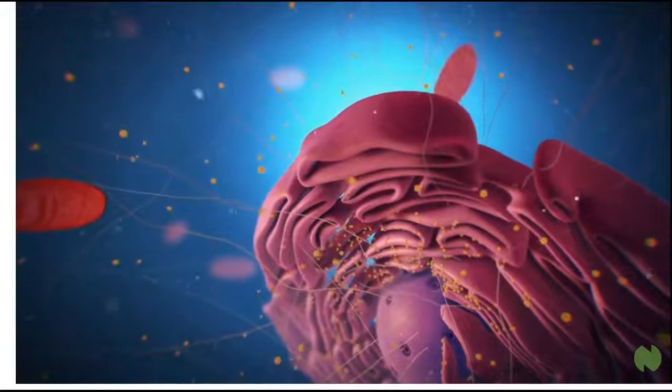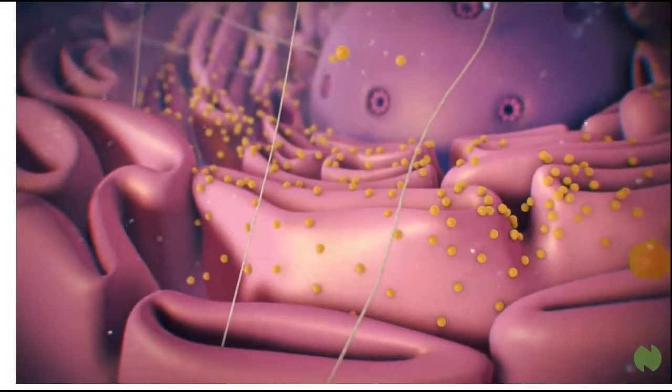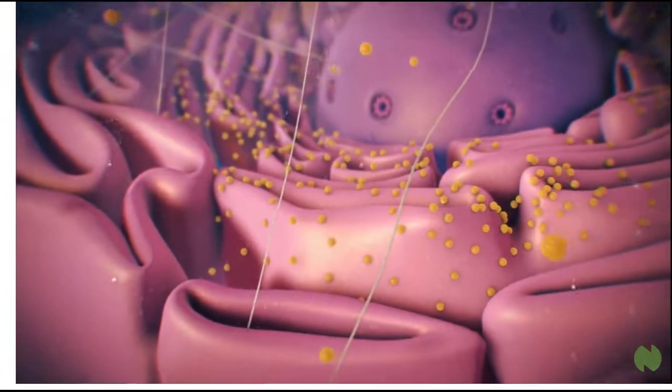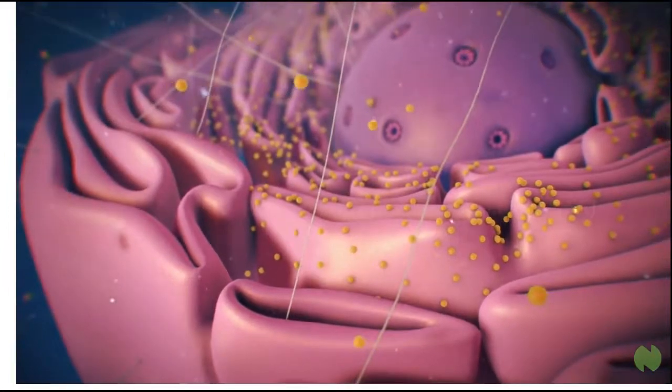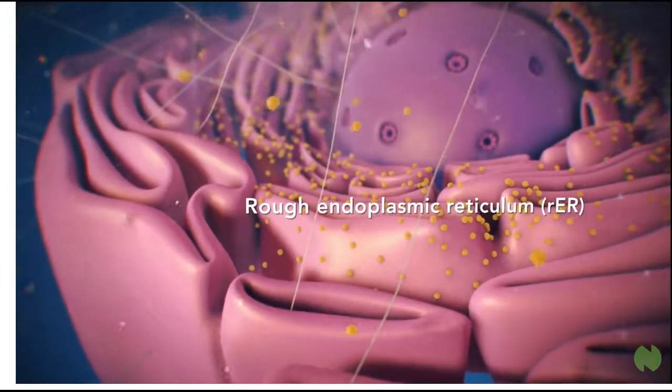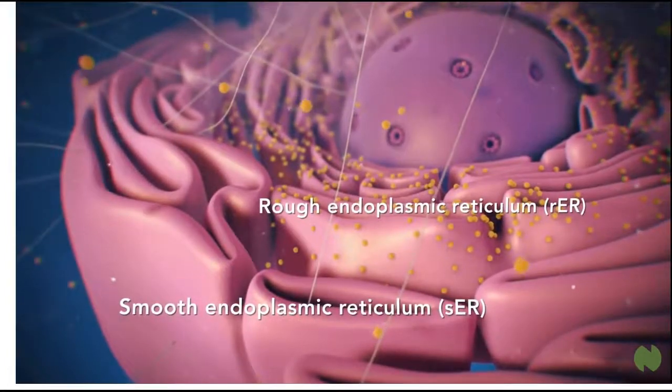Ribosomes may wander freely within the cytoplasm or attach to the endoplasmic reticulum, sometimes abbreviated as ER. There are two types of ER. Rough ER has ribosomes attached to it, and smooth ER doesn't have ribosomes attached to it.